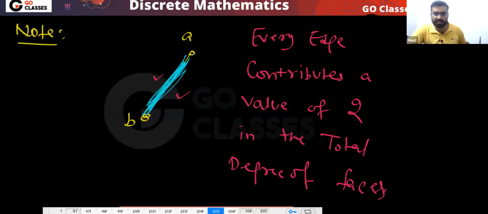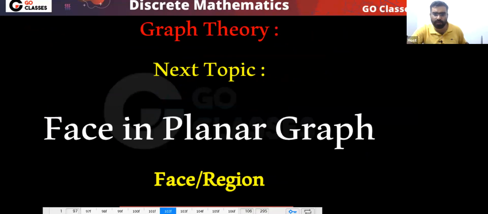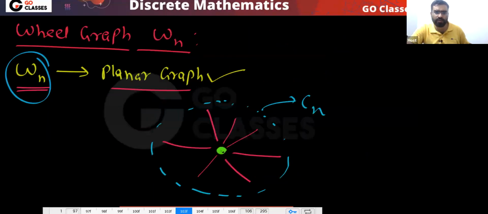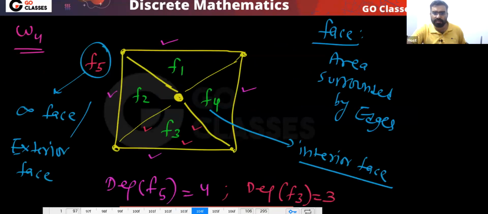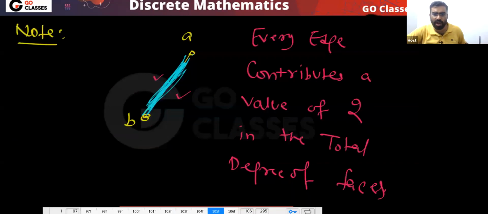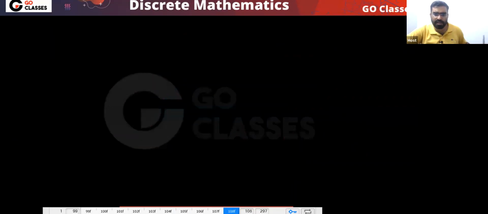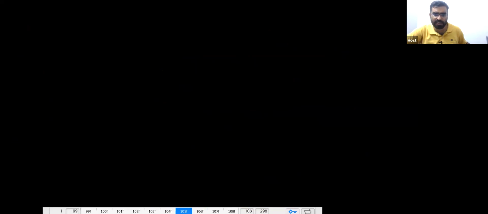Now let's analyze. This is the analysis of the wheel graph Wn. For the wheel graph, you can very easily see. Now, in a wheel graph Wn, how many faces will be there? What is the number of faces in Wn?